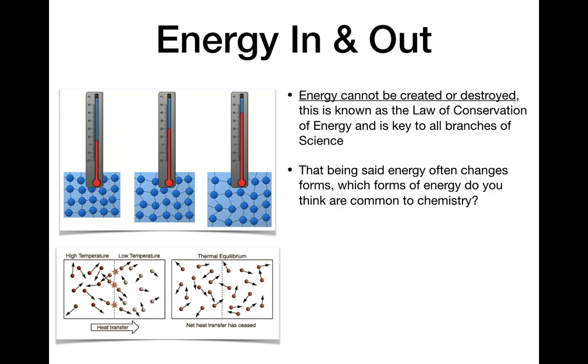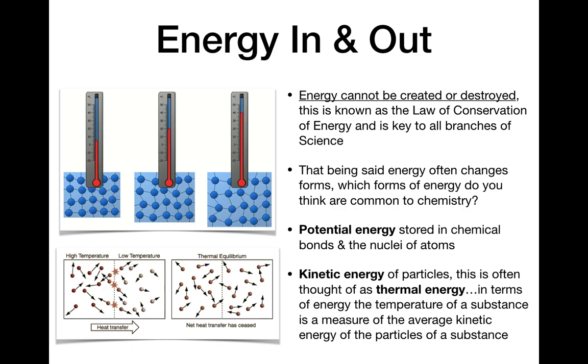So in chemistry, important ones are going to be potential energy, the energy that's stored inside chemical bonds and inside the nuclei of atoms that hasn't done any work yet but could do work. Then we have kinetic energy, the movement energy of particles. We often talk about that as thermal energy because movement of particles does generate heat.